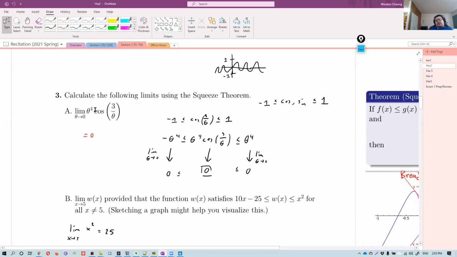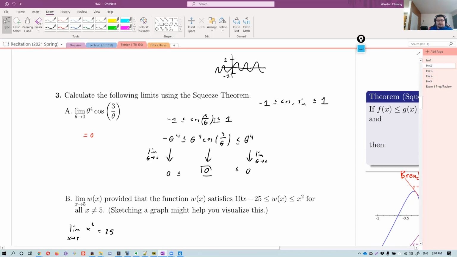The key to making this work is that you need to know properties about the sine and cosine functions, namely that they're bounded between -1 and 1.